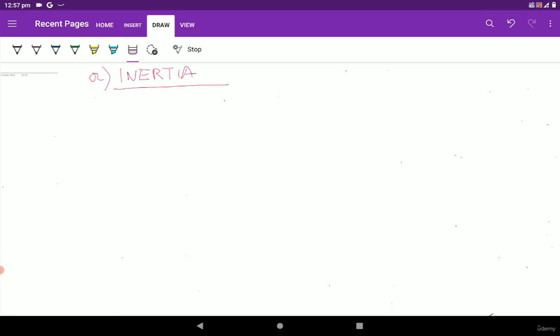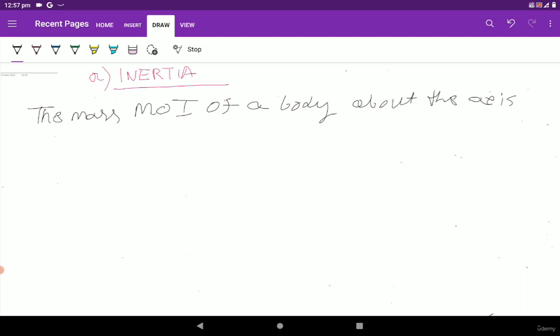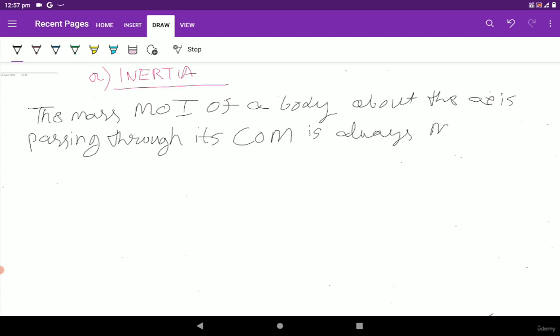So the mass moment of inertia of a body about the axis which is passing through its center of mass is always minimum.